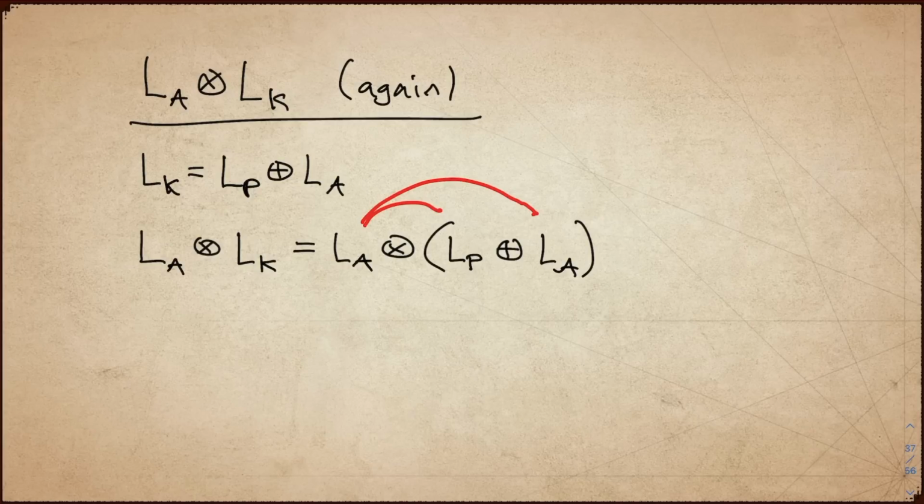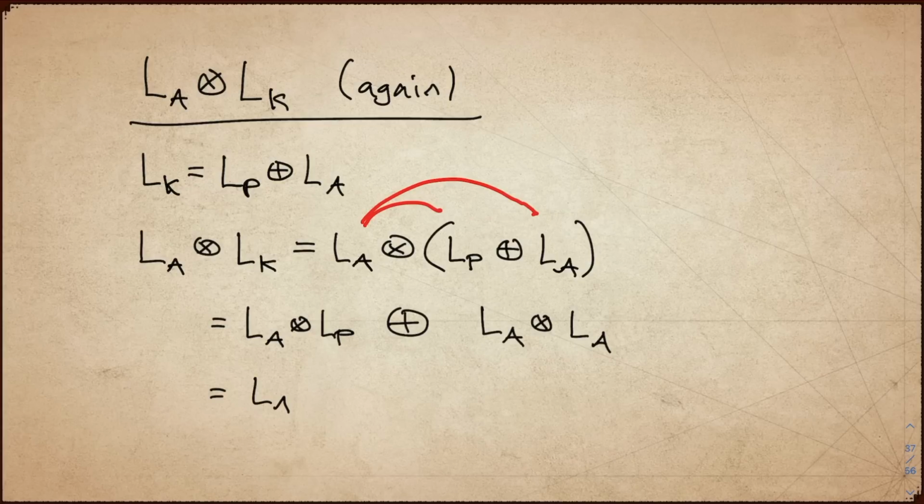By distributivity, I get LA times LP plus LA times LA. The first one is just LA, since LP is the identity element, and the second one is just LP. That's the computation we did earlier. All in all, LA plus LP is LK, and that's the answer.